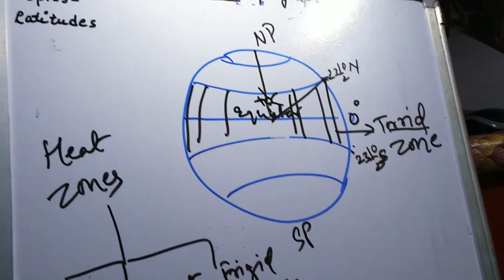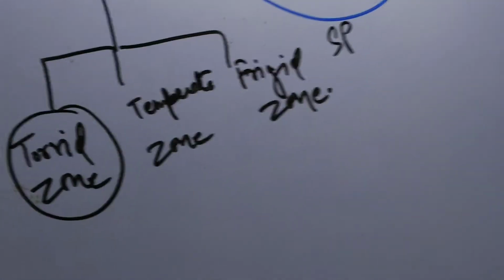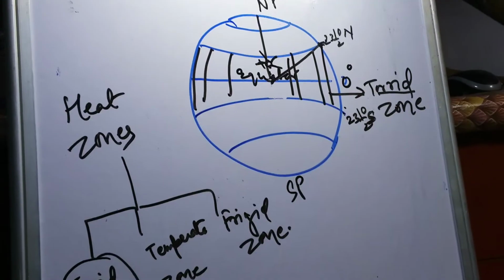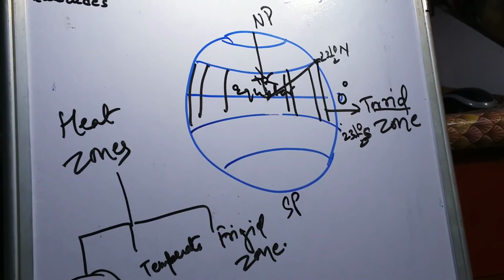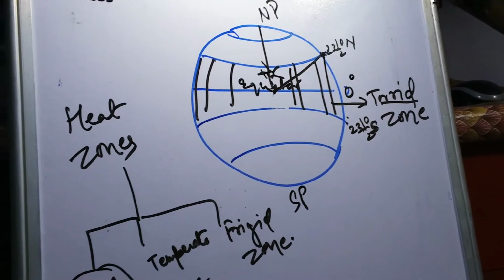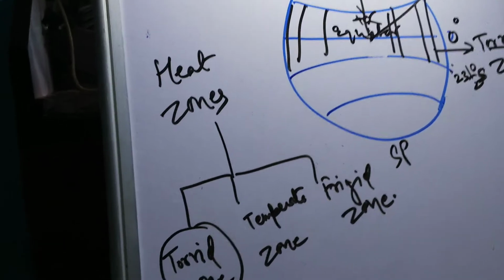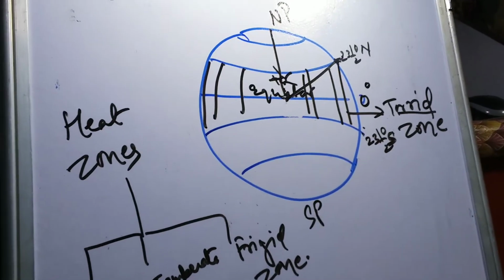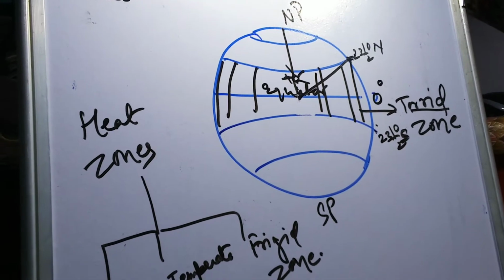Now we come to the temperate zone. It lies between the Tropic of Cancer and Arctic Circle and between Tropic of Capricorn and Antarctic Circle. So the sun rays in both these zones are never directly overhead.